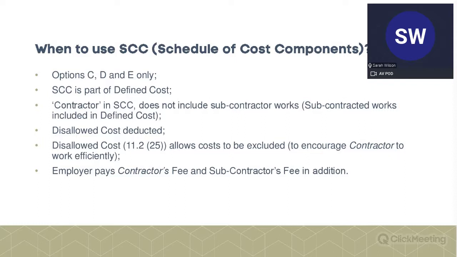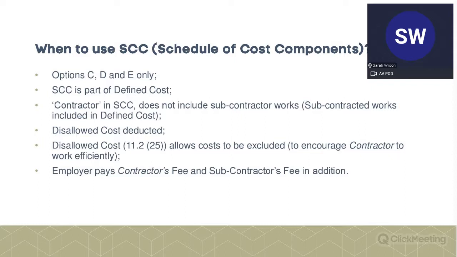So it makes sense: why should the employer pay for contractors' tardy work, slow working, etc.? And the employer pays the contractor's fee and the subcontractor fee percentage in addition to the defined cost.